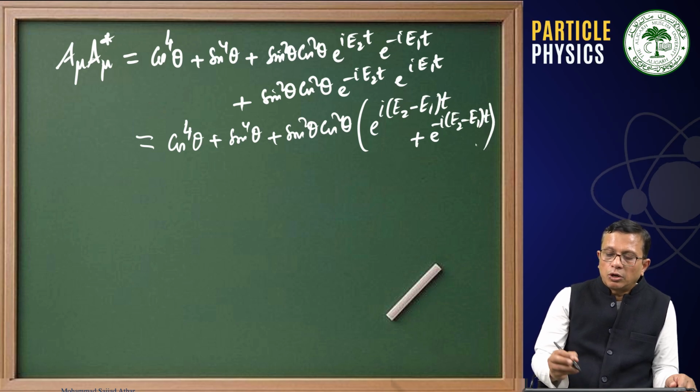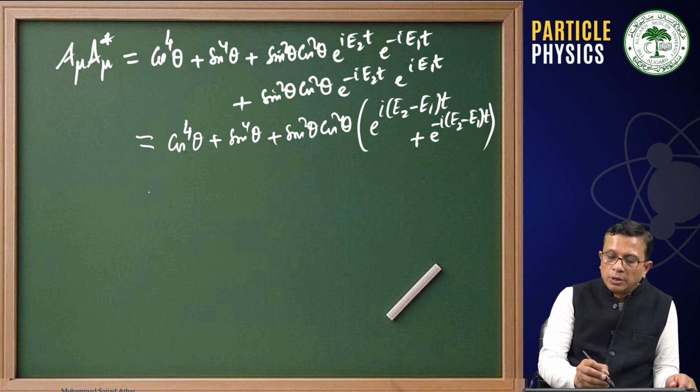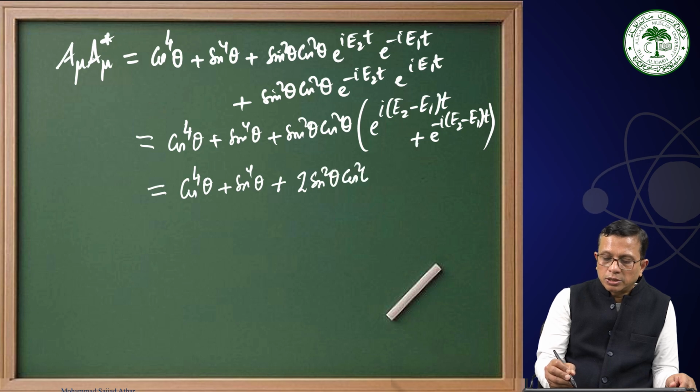That is all. Now you notice this is something like e^(iθ) plus e^(−iθ). Therefore, what we are going to do is write it as cos⁴θ plus sin⁴θ plus, first let us write this, 2 sin²θ cos²θ times e^(iθ) plus e^(−iθ) by 2.